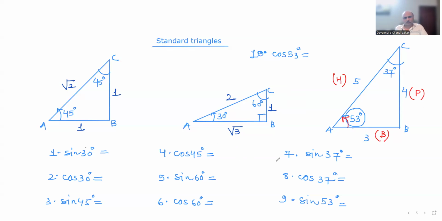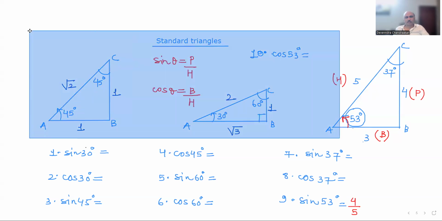Okay. So sine 53 degrees: sine theta is perpendicular upon hypotenuse, from the first slide of today's session, and cos theta is base upon hypotenuse. So sine 53 degrees is 4 upon 5. Got it? Any doubts in this case? Please ask.